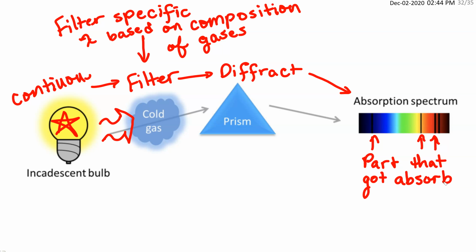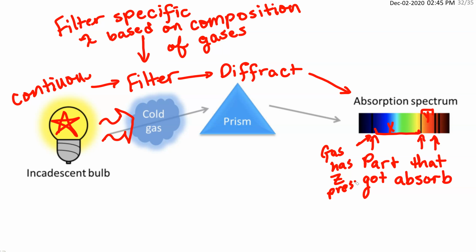So the fact that we have these wavelengths means that element X is present. The fact we have these wavelengths means that element Y is present. And the fact that we have black lines here means that the gas has element Z present. So if we already know what element Z is, we can filter it out. So that's the gist of spectra, the three different types of spectra we're going to talk about.